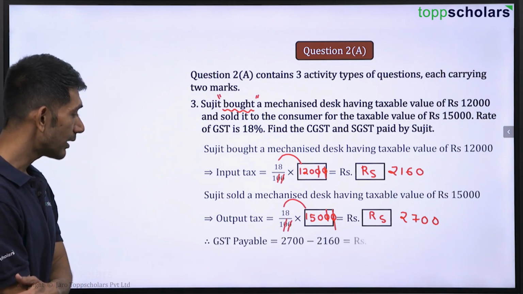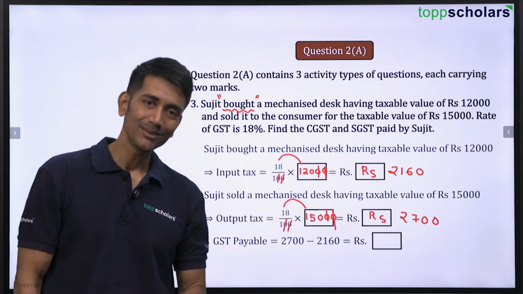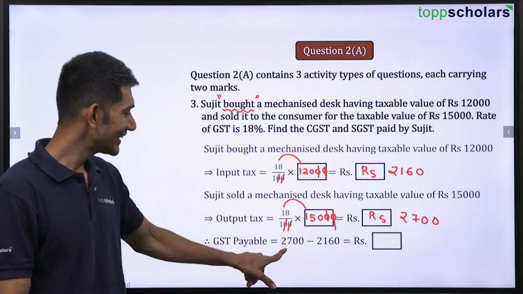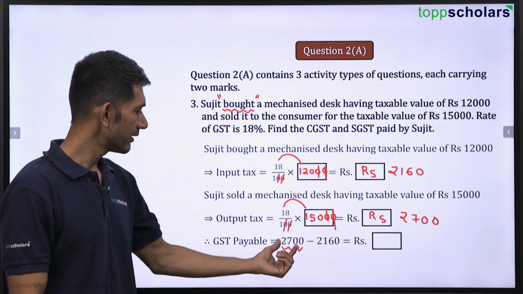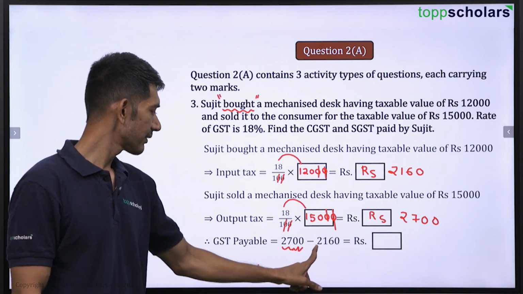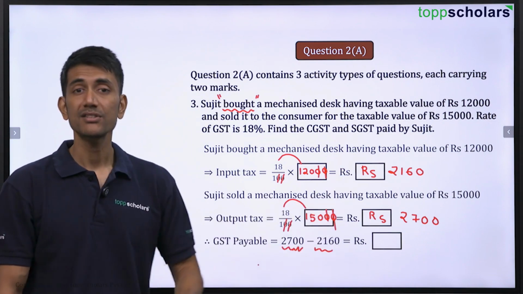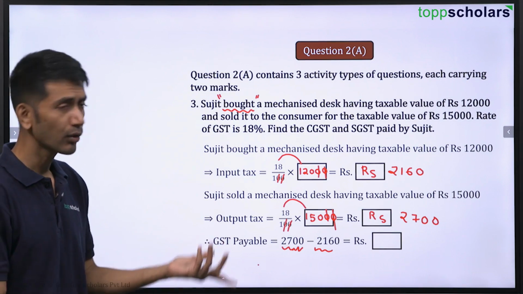Now what is the formula? We know the GST payable. See again, if you use your common sense, the two values they have already given. So be very smart children. Write down here output tax and input tax. So what is the GST payable by Sujit? Output tax minus input tax. We already know the formula.